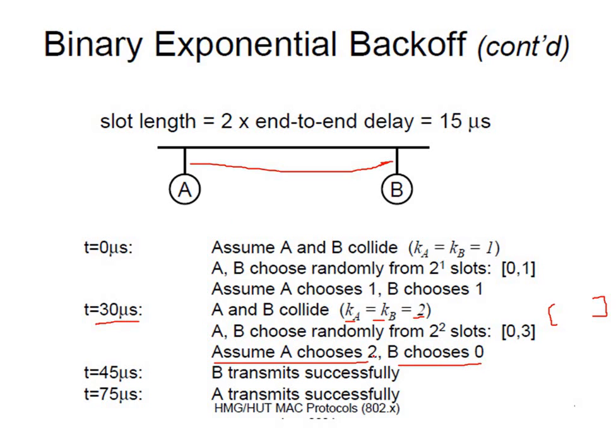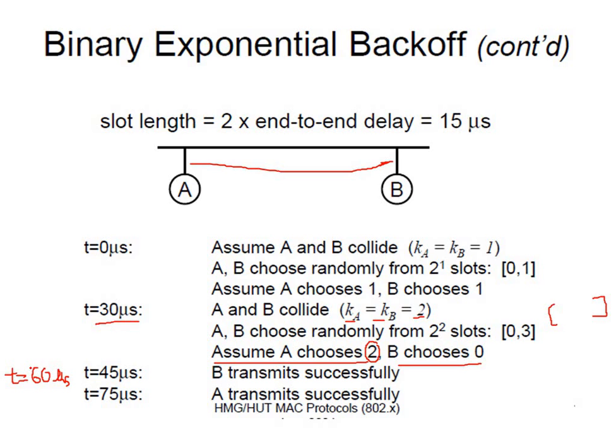Otherwise, if A and B choose the same slot 2, then the wait will become 60 microseconds. So exponentially it is growing. It will wait for 60 microseconds.